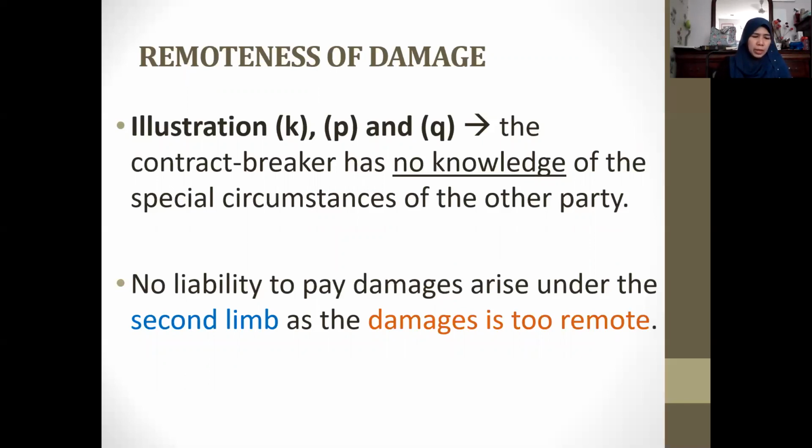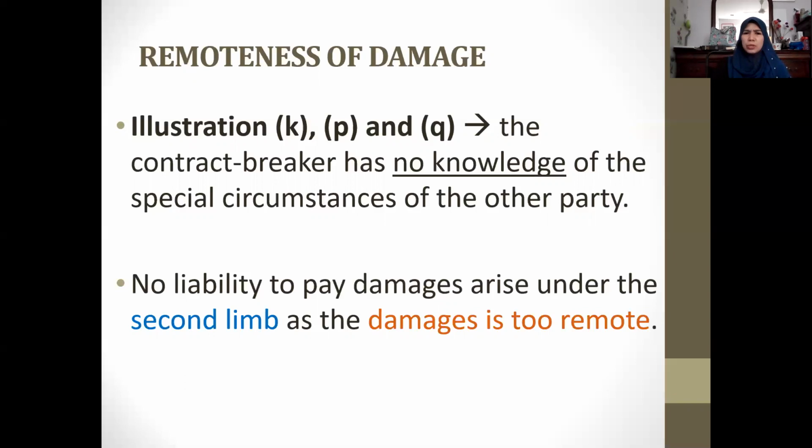So P: A contracts to sell and deliver 500 bales of cotton to B on a fixed day. A knows nothing of this mode of conducting his business. So the element of knowledge was missing here. A breaks his promise, and B, having no cotton, is obliged to close his mill. A is not responsible to B for the loss caused to B by the closing of the mill.